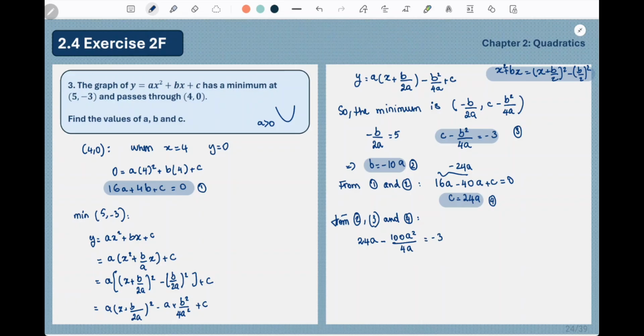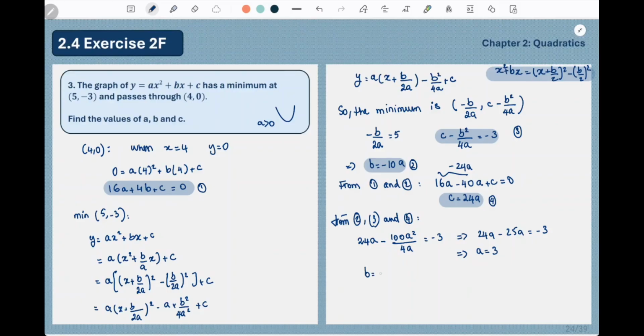Simplifying, it becomes 24a minus 25a, since 100 over 4 is 25, so minus 25a plus 24a equals minus 3. So 24 minus 25 is minus 1, so minus a equals minus 3, which means that a is equal to 3.